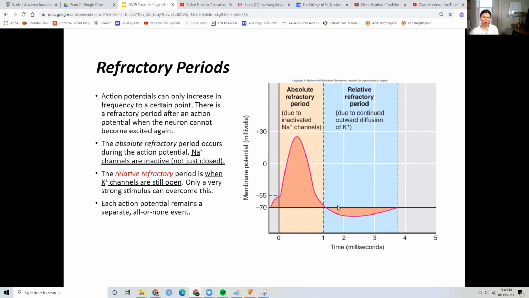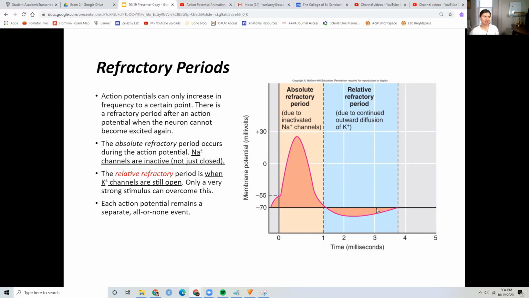But if we were to receive a really, really strong stimulus, we could overcome the fact that we're extra negative right now. That's why we sometimes rate our stimuli as threshold versus supra-threshold, because we're going to need an extra strong, supra-threshold type stimulus in order to send off an action potential during this relative refractory period.